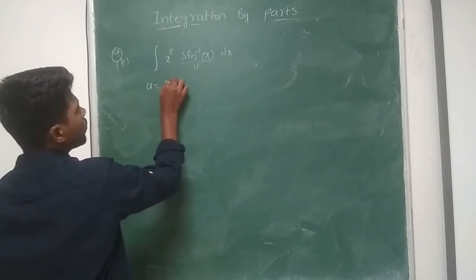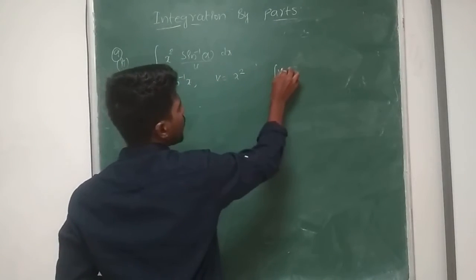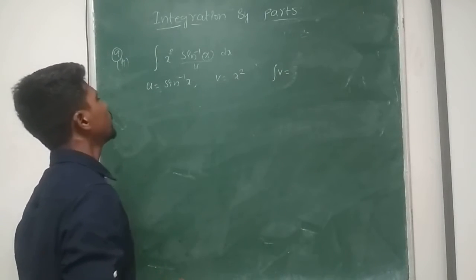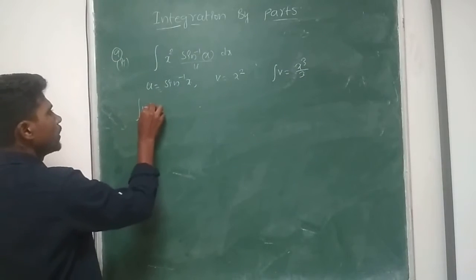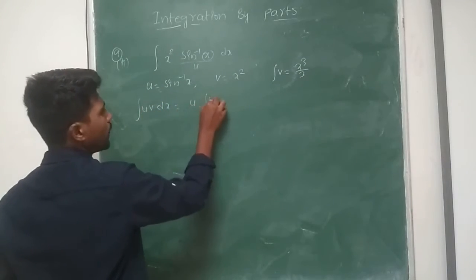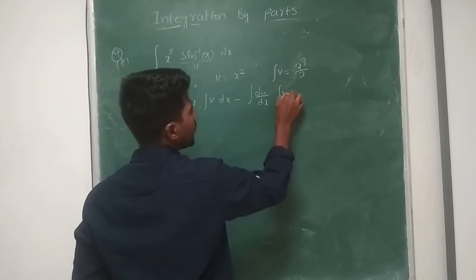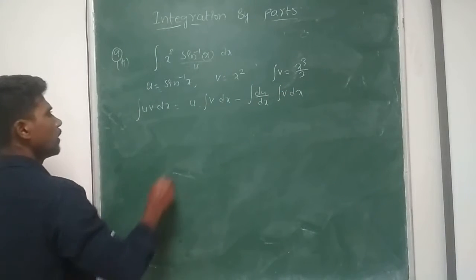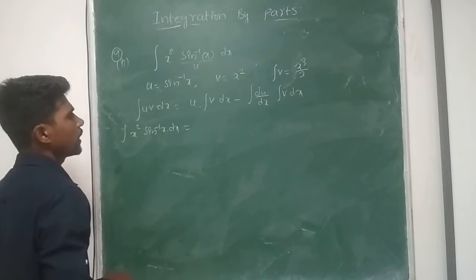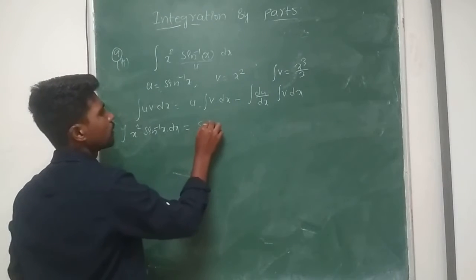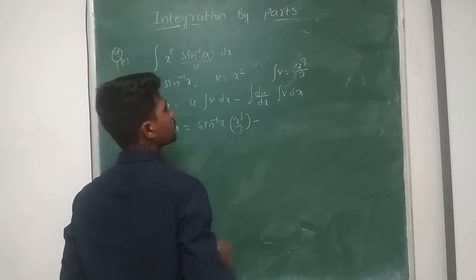So u is equal to sin inverse x, v is equal to x square, integral v equal to integral x square. Integral x square is nothing but equal to x cube by 3. Replace in formula. Integral uv dx is equal to u integral v dx minus integral du by dx integral v dx. Substitute: integral x square into sin inverse x dx is equal to sin inverse x into x cube by 3 minus integral du by dx.